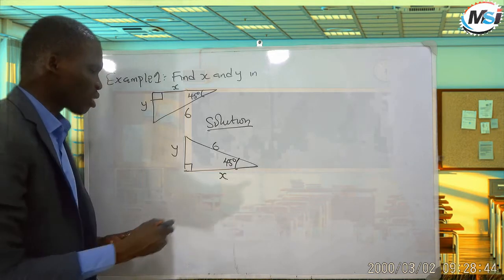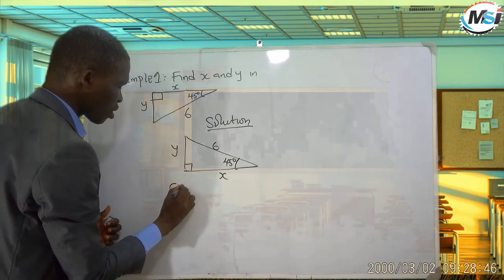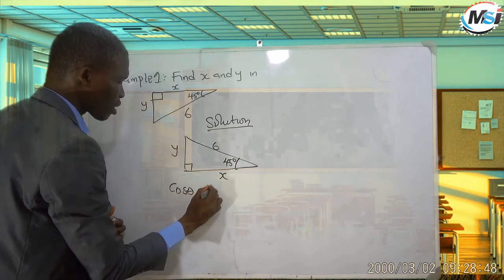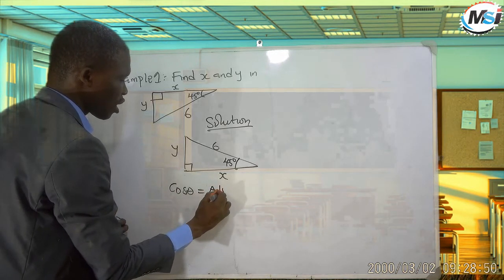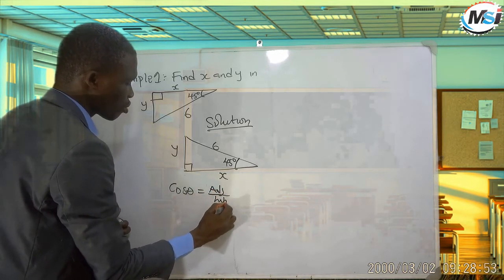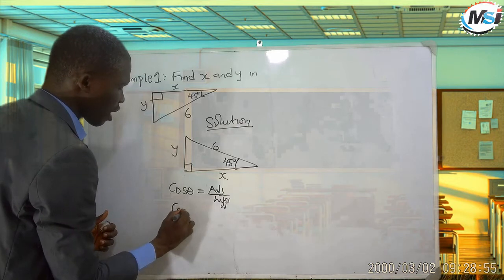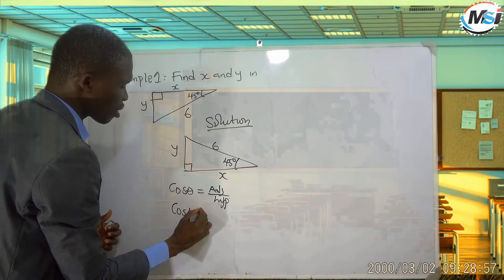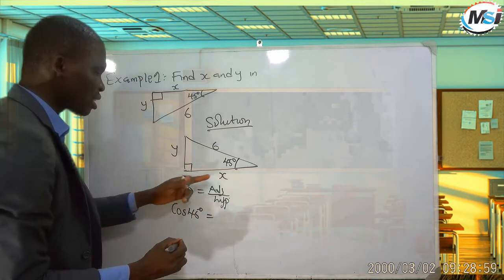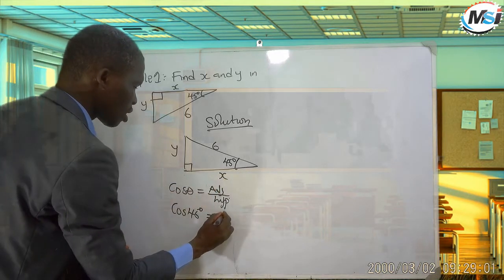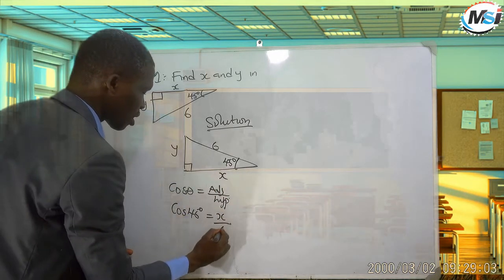So let's start with x. Cos theta will give us adjacent all over hypotenuse. So that is telling you that cos 45 degrees is going to give us adjacent, x, all over 6.